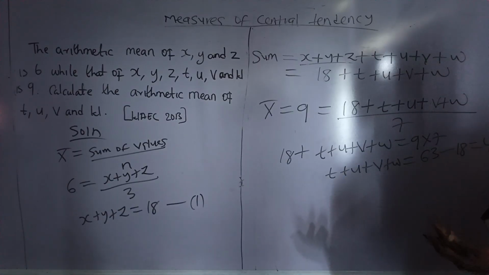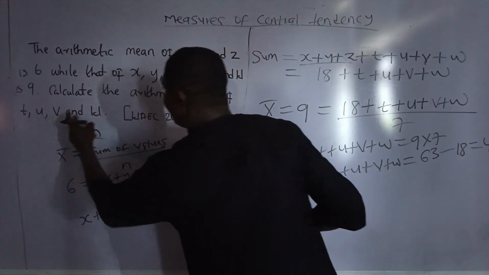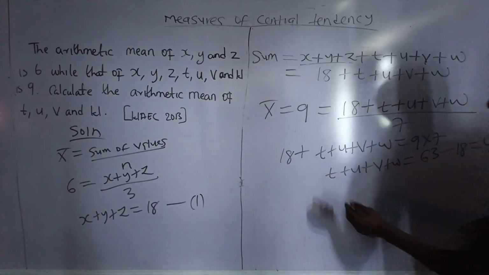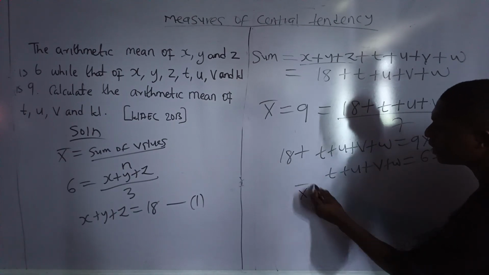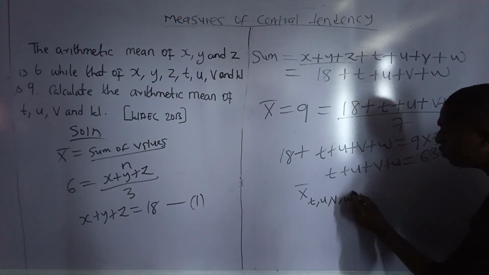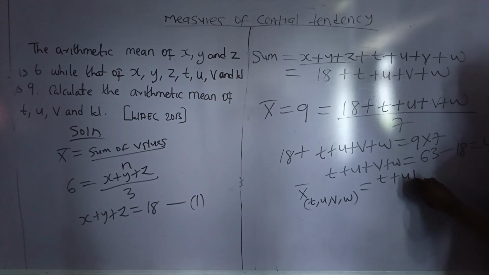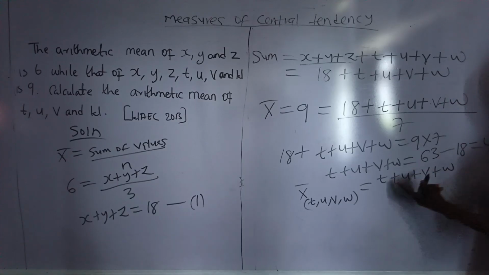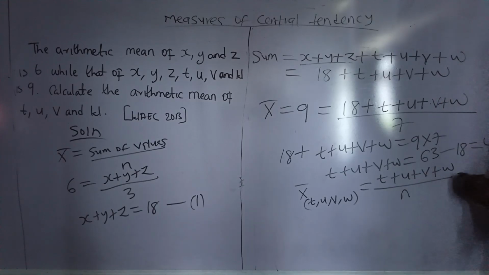Now, the arithmetic mean of t, u, v, w, which is S bar subscript t, u, v, w, will be equal to the sum of the values t plus u plus v plus w, since we have 4 values showing, divided by N. And t plus u plus v plus w is equal to 45 here.